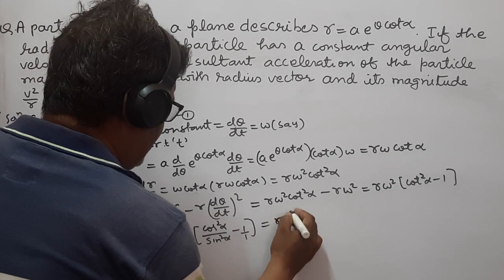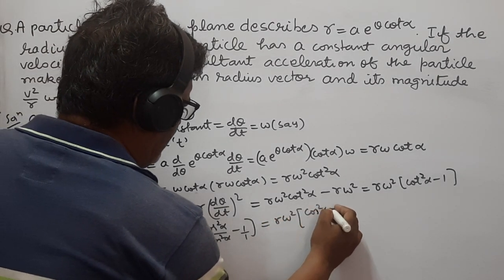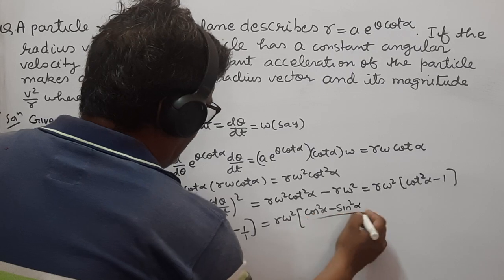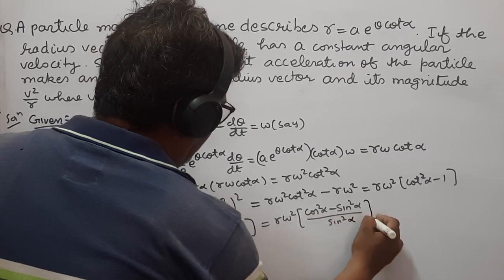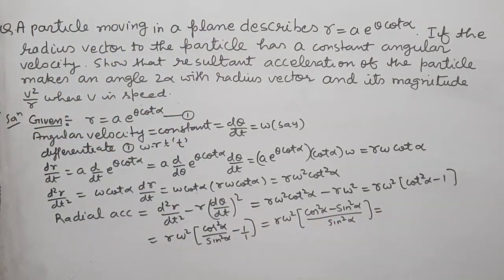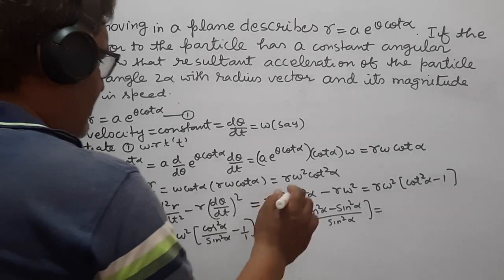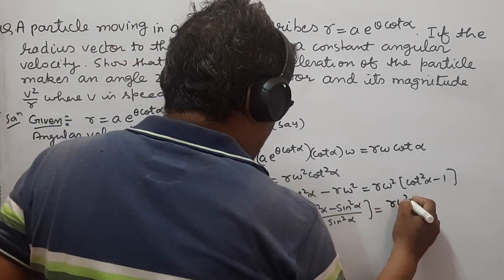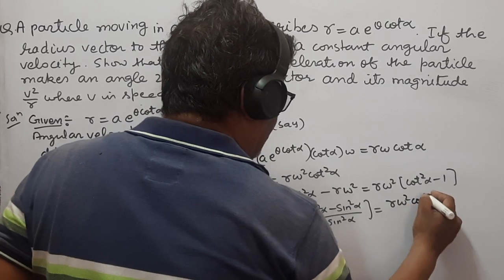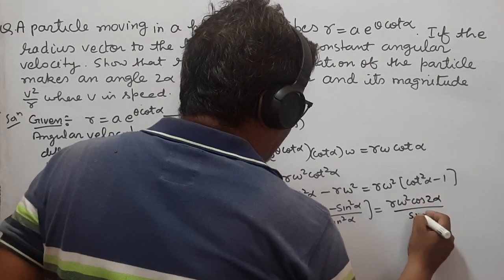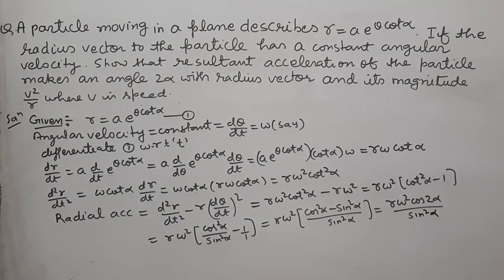Now this can be written as cos square alpha minus sin square alpha divided by sin square alpha. Now this cos square alpha minus sin square alpha, you know that this is equal to cos 2 alpha. So r omega square cos 2 alpha divided by sin square alpha. This is the radial acceleration.